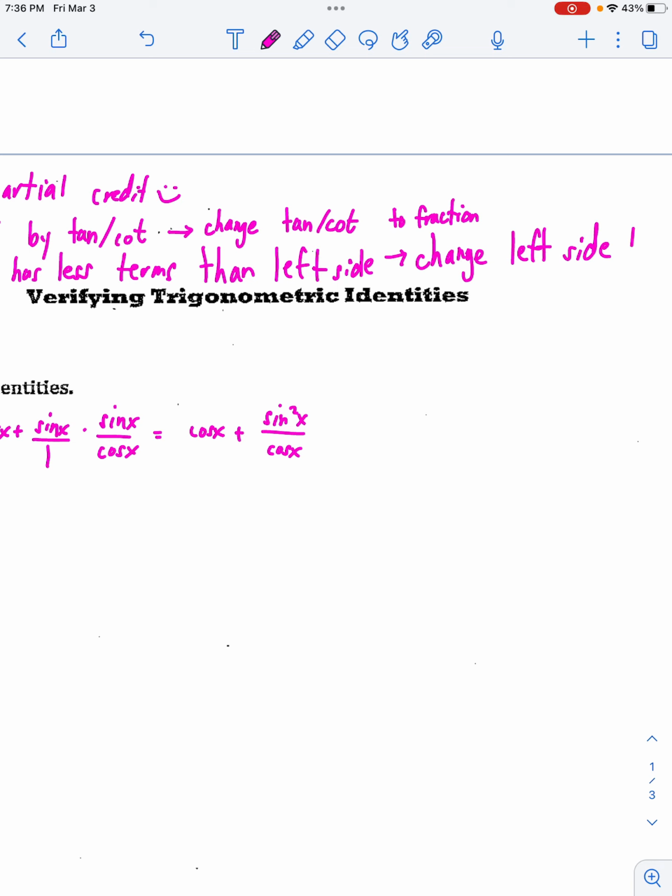Change left side to fractions and combine. That's going to be another popular method, okay?